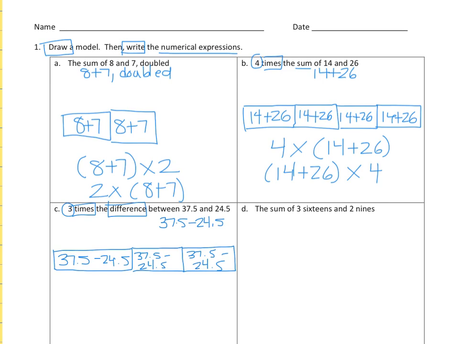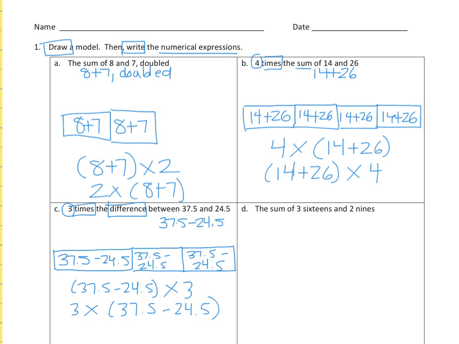So we can write that as 37 and 5/10, take away 24 and 5/10. We can do it times 3, or we can do it 3 times, parentheses 37 and 5/10, take away 24 and 5/10. As long as the parentheses are around the subtraction part of the problem, we will get the same answer if we do all the calculations correct.